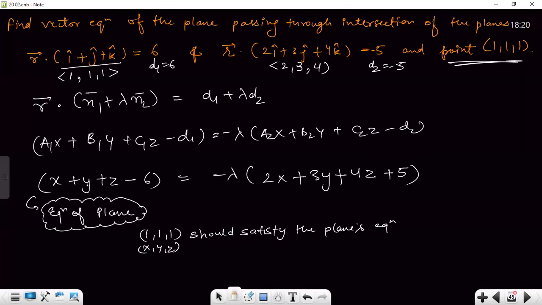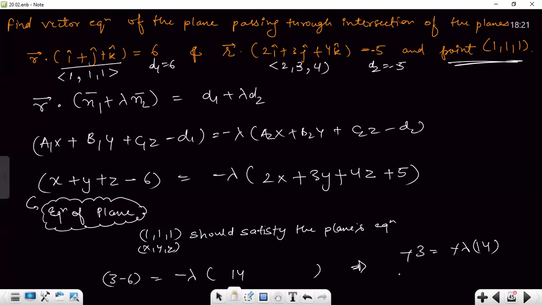Doing so, x plus y plus z: so 3 minus 6 is equal to minus lambda into 2 into 1, 3 into 1, 4 into 1 plus 5. So this has become 2, 3 is 5, 5 plus 4 is 9, 9 plus 5 is 14. Minus 3 is equal to minus lambda into 14.